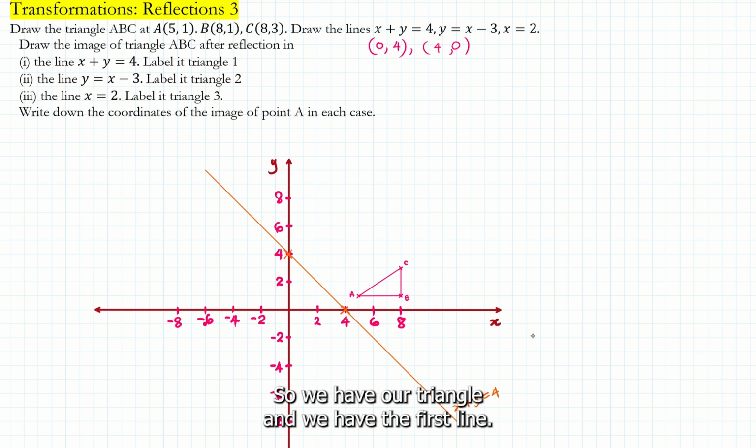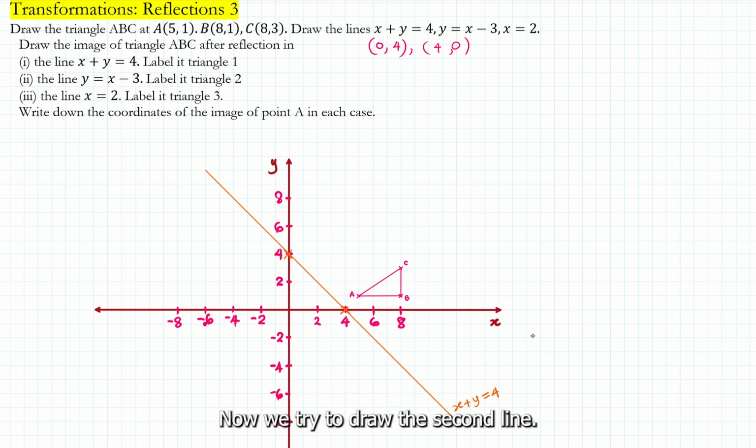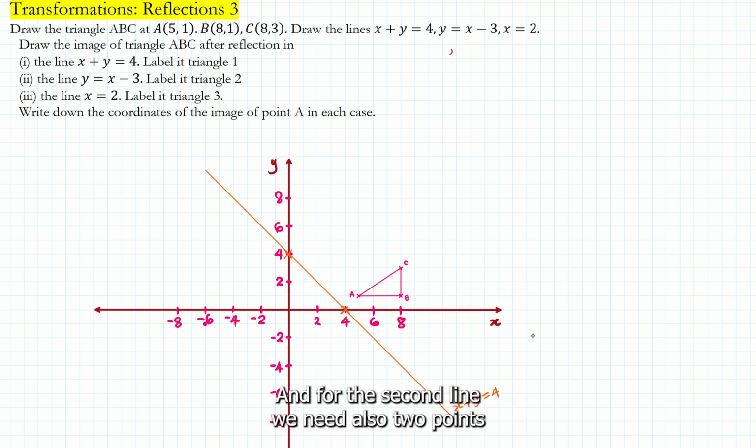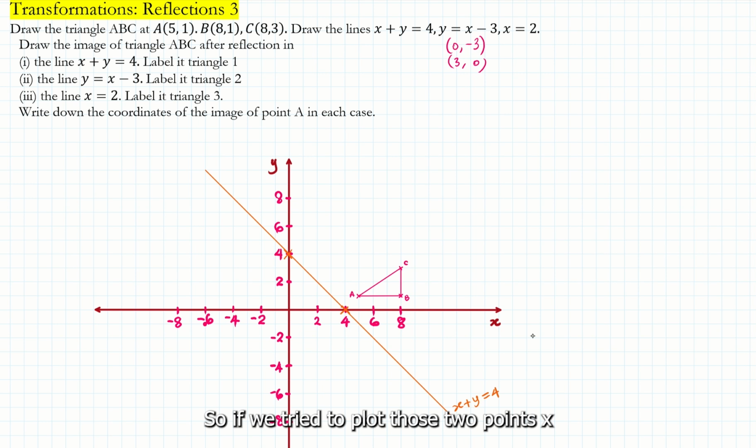All right, so we have our triangle and we have the first line. Now we try to draw the second line, and for the second line, we also need 2 points. When x is 0, for this one, y is negative 3, and when y is 0, x equals 3. So if we plot those 2 points, x equals 0, y is minus 3, that will be right there. And when x is 3, y is 0, that will be right there.